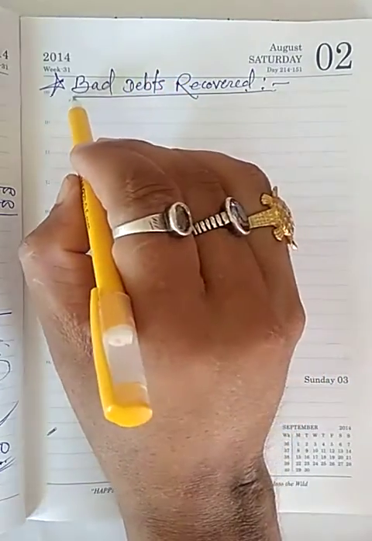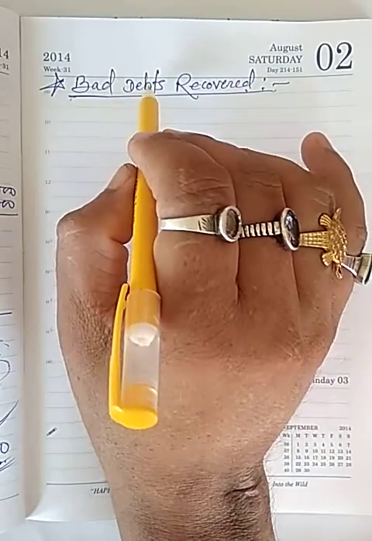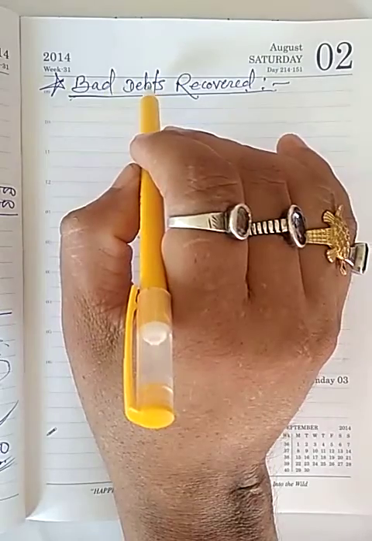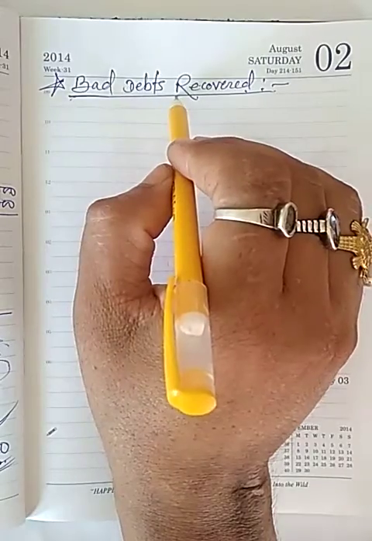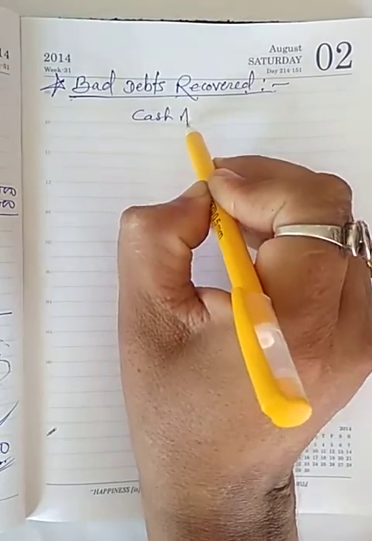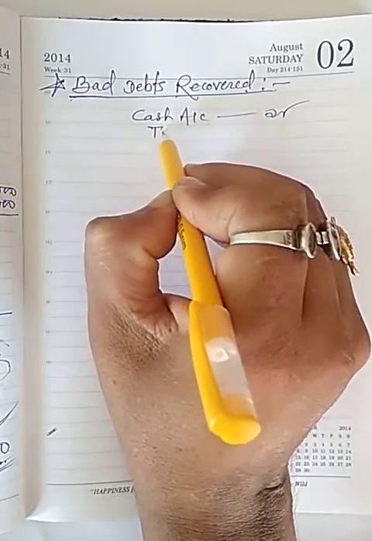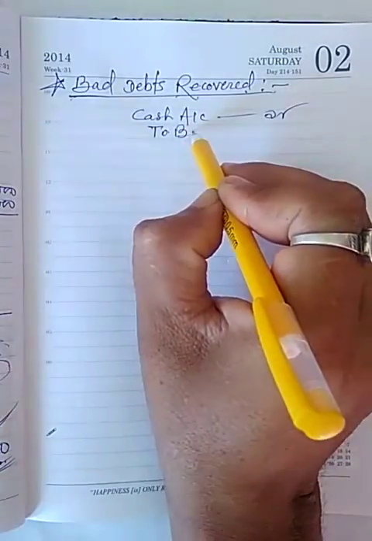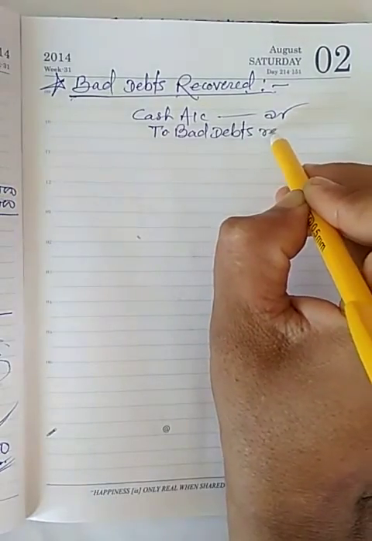Then bad debt recovered: when I have written off the bad debt account, but after some time the bad debt is recovered, then cash will come into the business, so cash account will be DR. And secondly, cash is coming in the form of bad debt recovered.